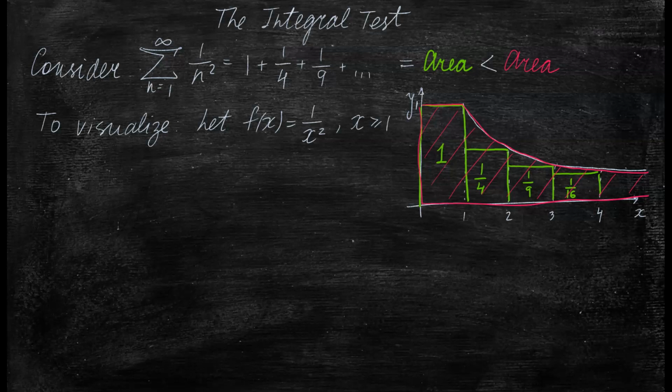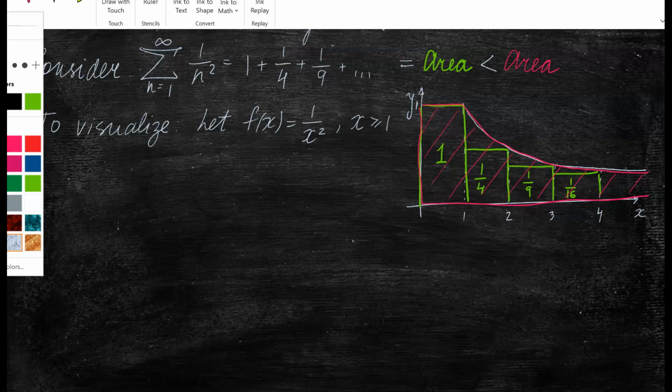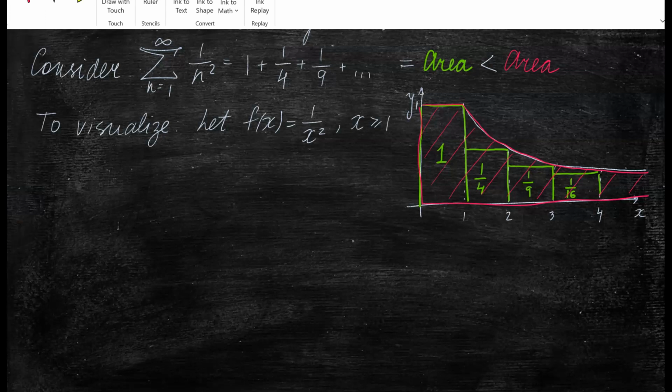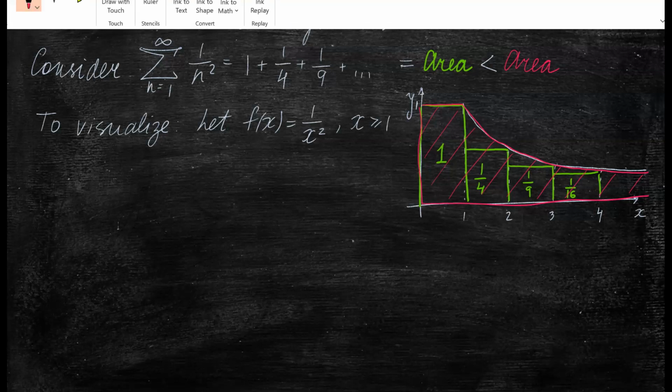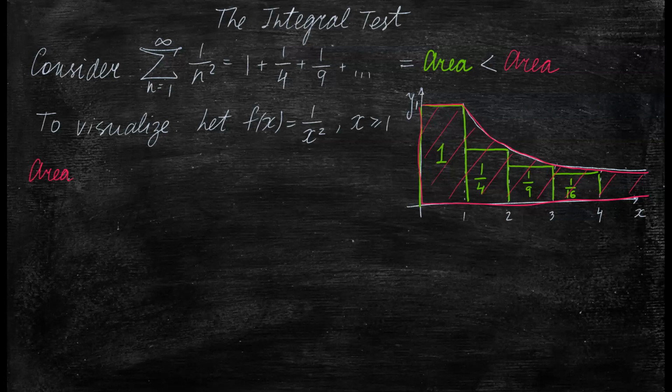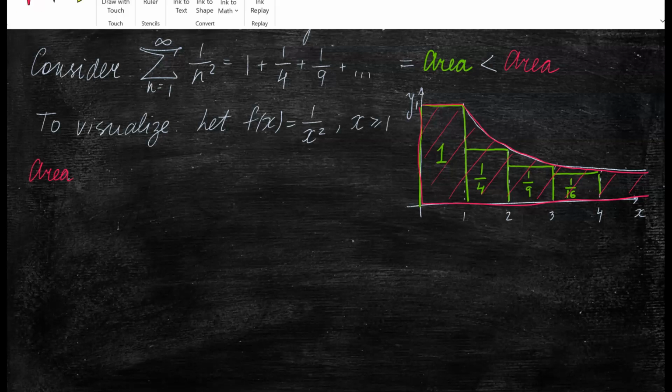So what does that mean? That means if we can show that the red area is finite, that should convince us that the green area is finite as well. And the question is now, how can we find the red area? So what is the red area equal to? And if it is a finite number, then great.